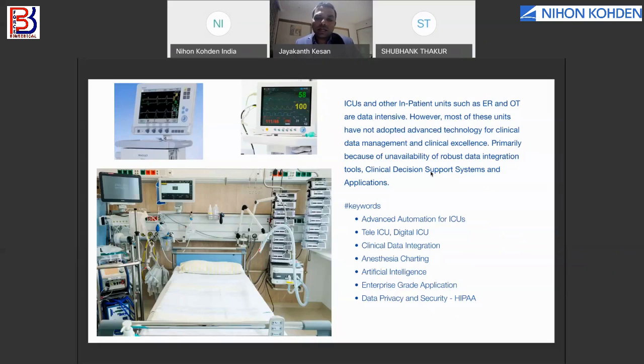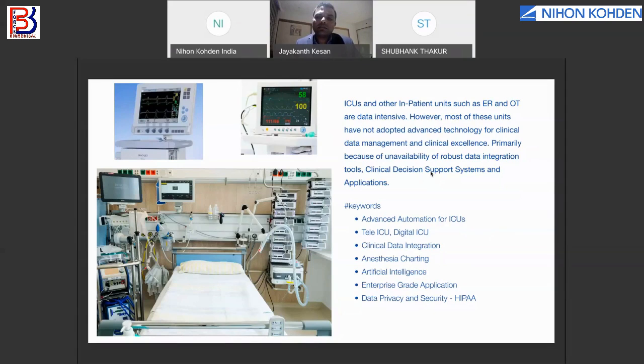However, most of these units in almost all hospitals, not only in India but also globally, have not adopted advanced technology for clinical data management. Most hospitals may have IT solutions for multiple other things, but when it comes to clinical data management, particularly for advanced clinical decision making and clinical excellence, they do not have it.